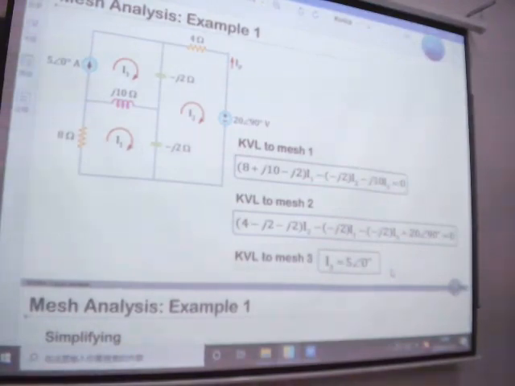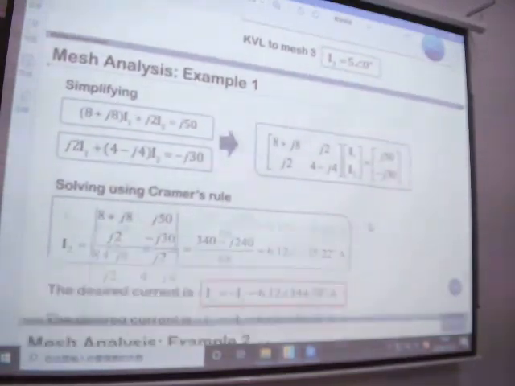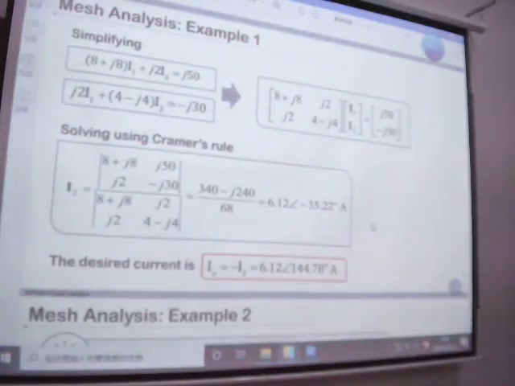It's quicker. Clear? So in practice, we always choose the way that gets the equation quickly to solve the problem.